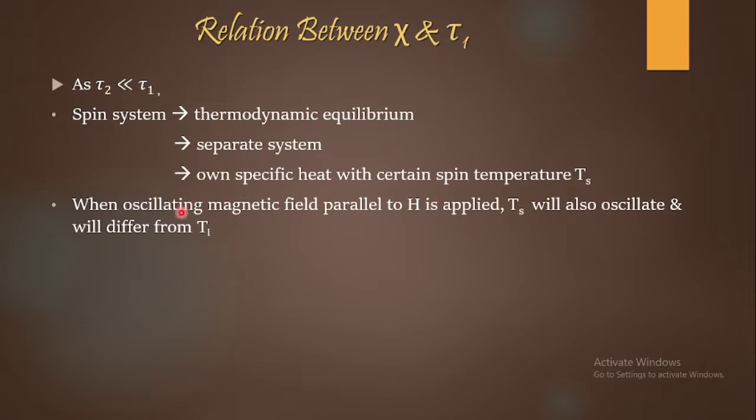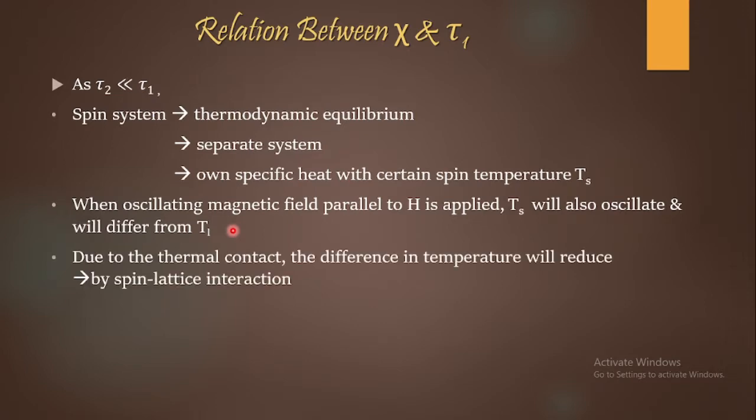If the constant temperature of the lattice is denoted as TL, L stands for lattice, then the application of the oscillatory magnetic field is going to create a difference between the temperatures of the spin system and the lattice. So there is a difference between Ts and TL which will be reduced because of the thermal contact between the spin and lattice system.